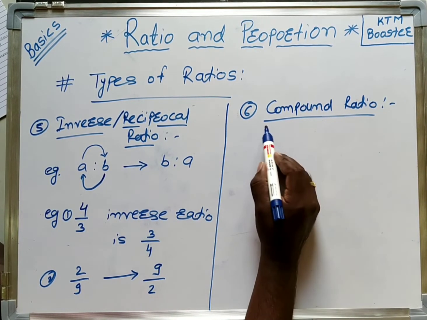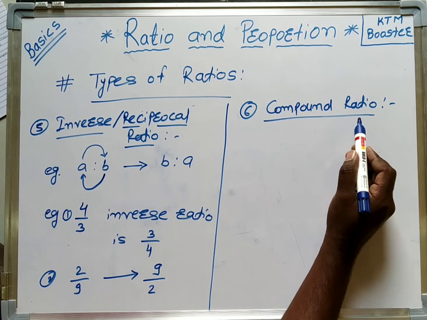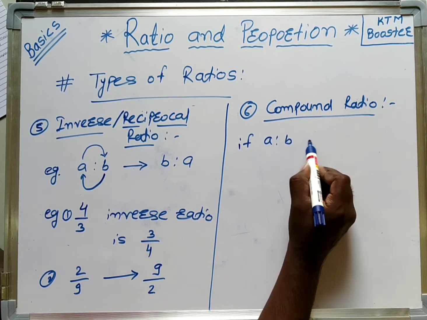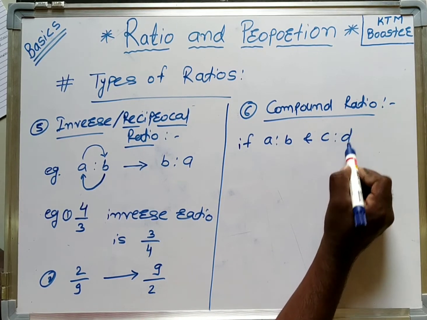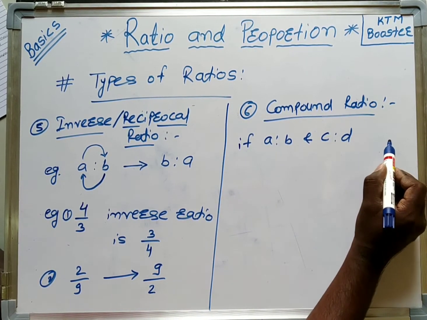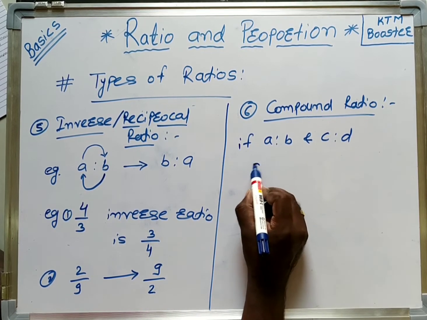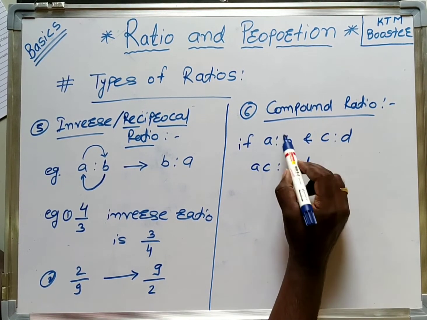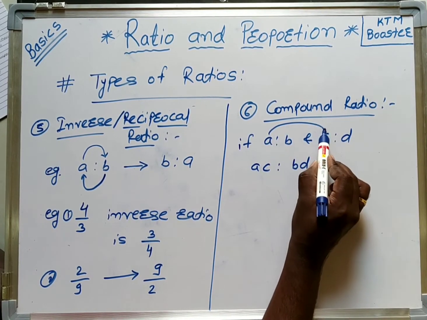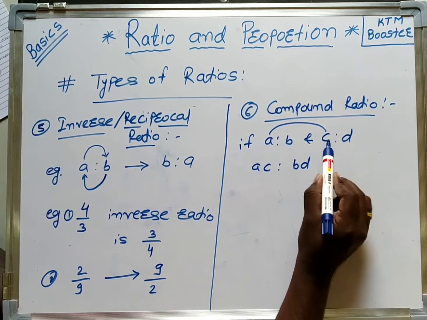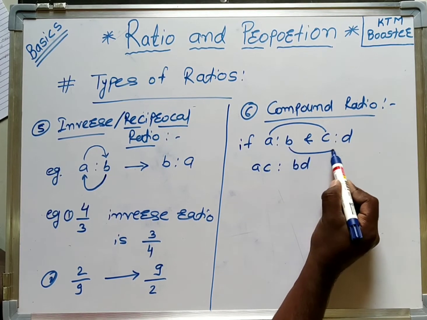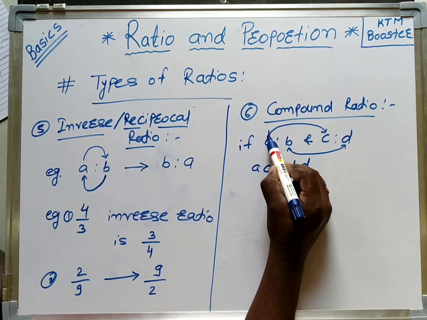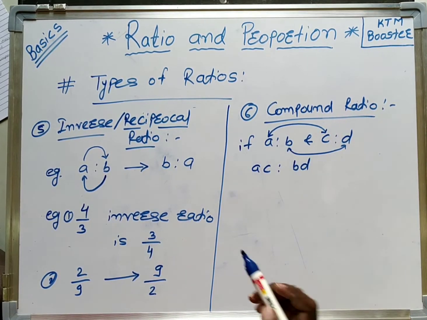The next type of ratio is the compound ratio. Now what is the compound ratio? If A is to B and C is to D are two ratios, then their compound ratio is AC is to BD. That means if we multiply the antecedents of the two ratios, A and C, and the consequents of the two ratios, then the ratio becomes the compound ratio.